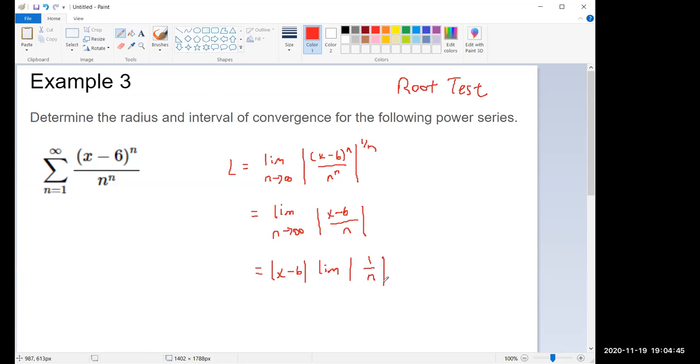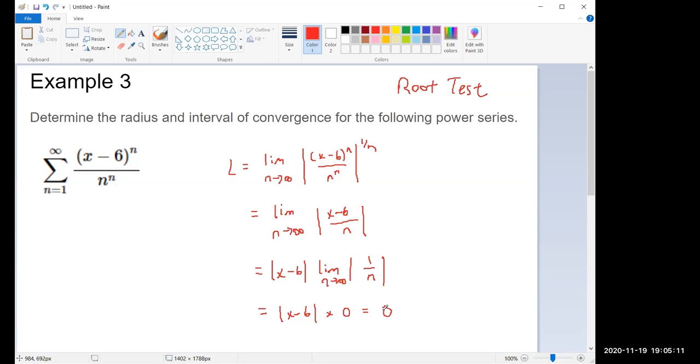Okay, what's the limit here? Yeah, it's 0, right? So we get 0 times the absolute value of x minus 6, which is 0.